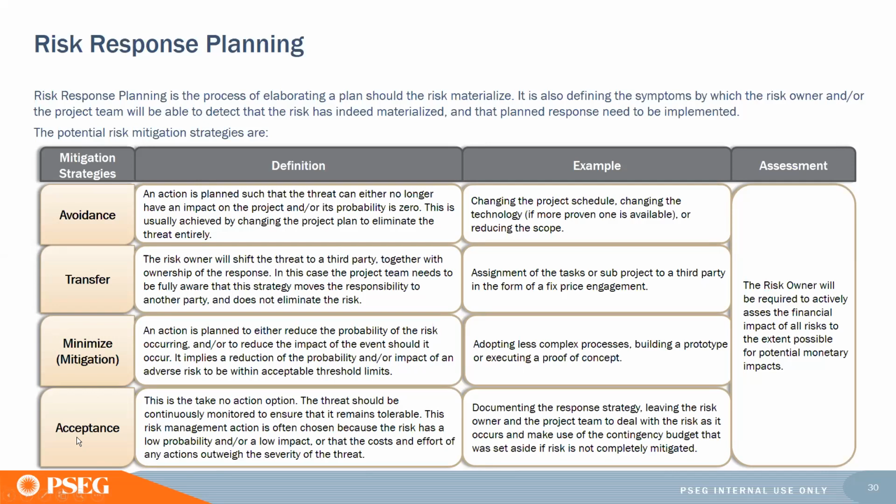This means you take no action. The threat should continue to be monitored. You'll adopt this strategy if there's low probability or low impact to your initiative. You'll document the response strategy, let the risk owner and the project team deal with the risk as it occurs, and make use of contingency budget here.